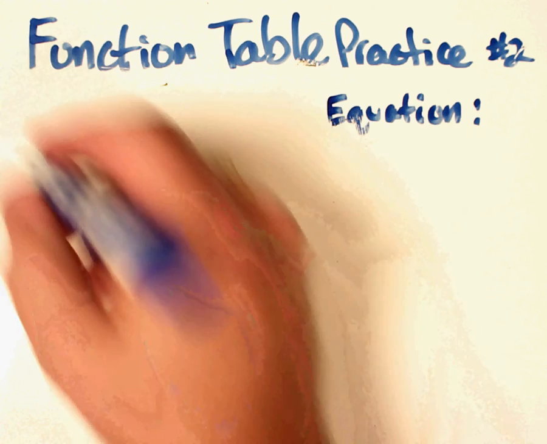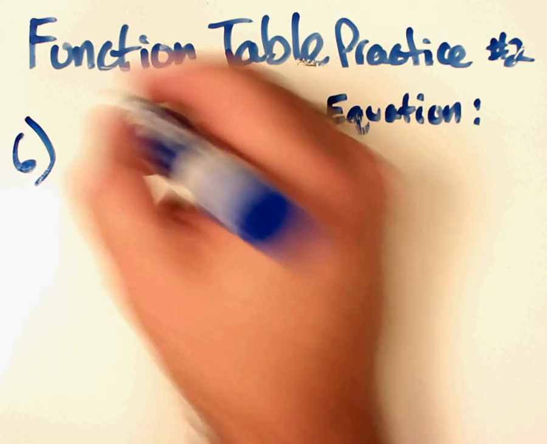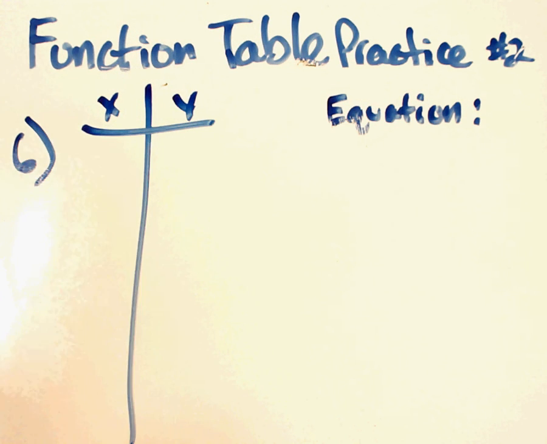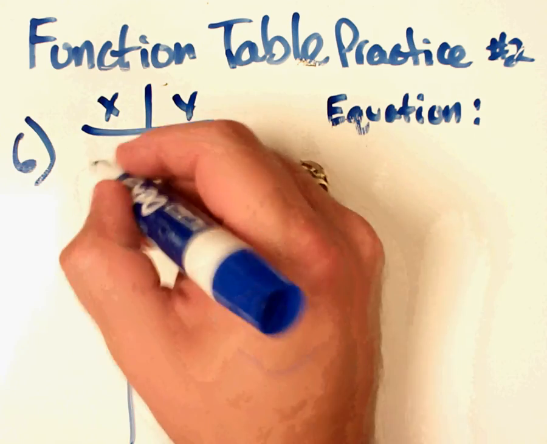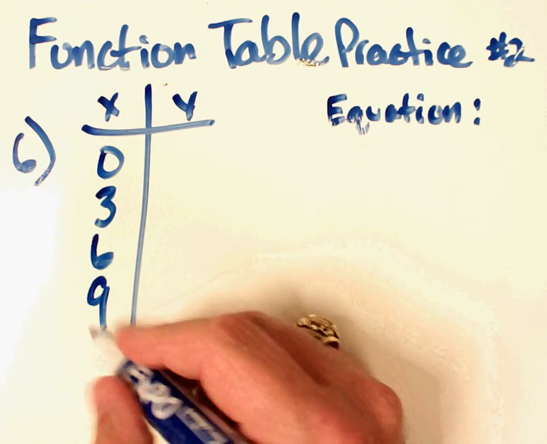So we're going to do 6 and 7 to finish up. So number 6. Number 6 is going to be pretty easy for us to see the pattern, but it is going to set up what we're going to see for number 7.